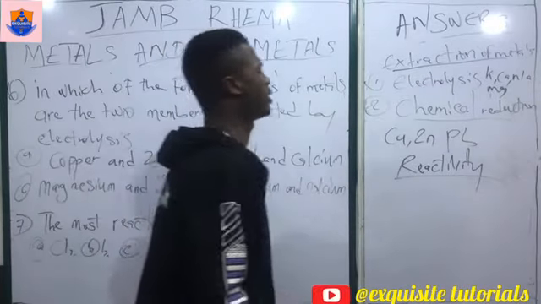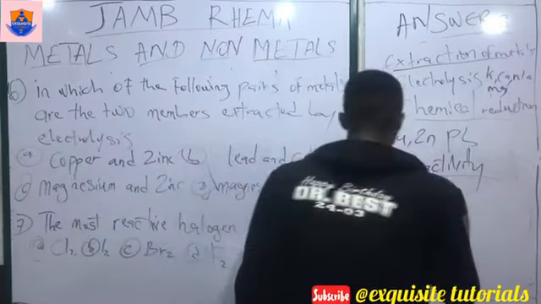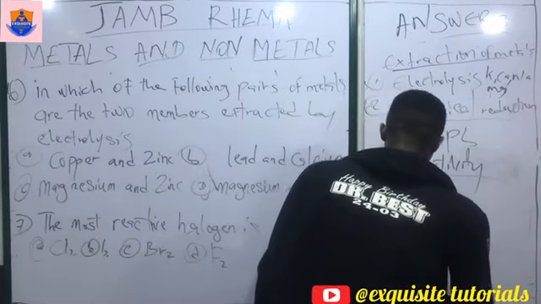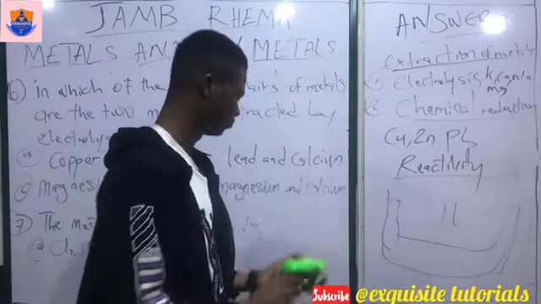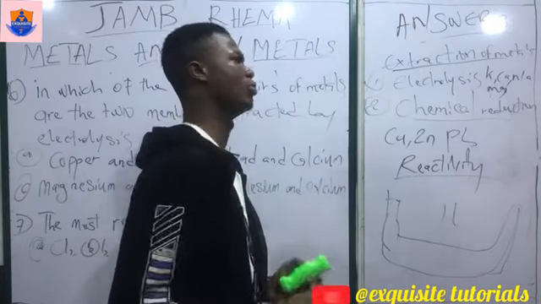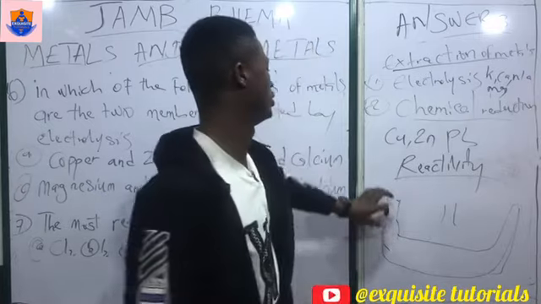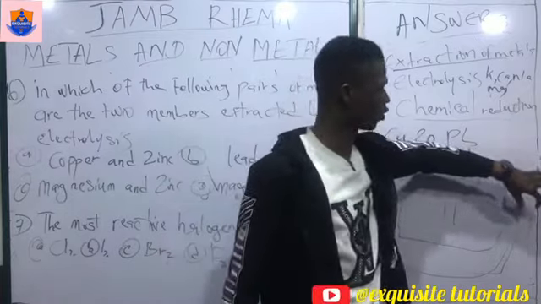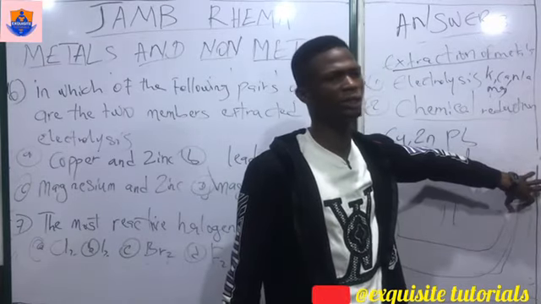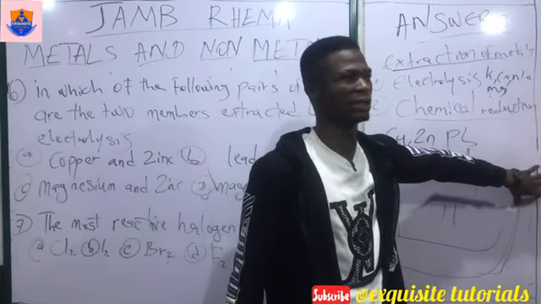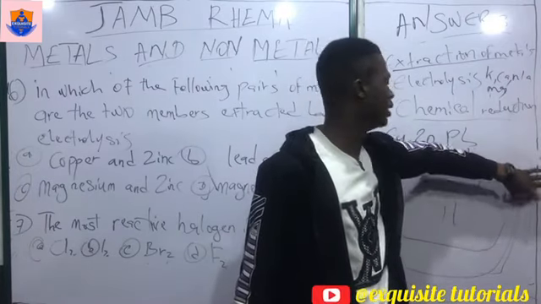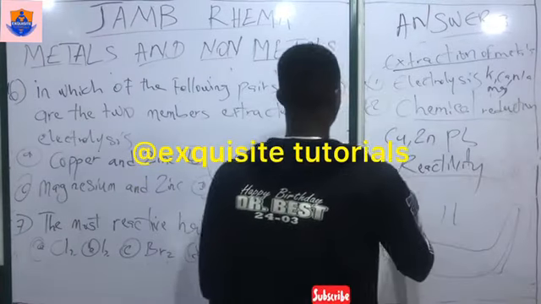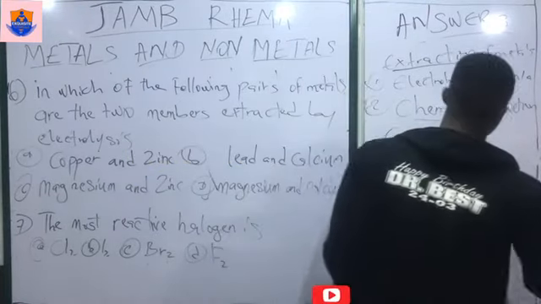Now, in reactivity, we'll have your periodic table to be like this. I'm just doing a rough sketch, and you have your metalloids around here. Now, when we are talking about metals, they are at the upstream end, your most reactive metals, let's say the alkali metals, while the most reactive non-metals are the halogens, which is the last group before the noble gases. This one is +1, and this one has -1.